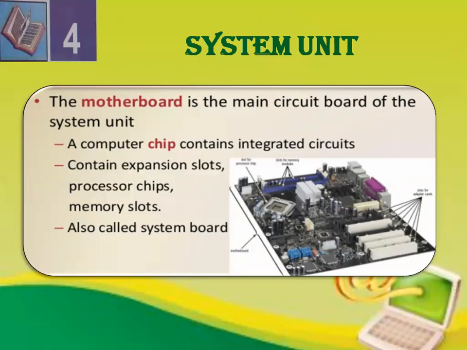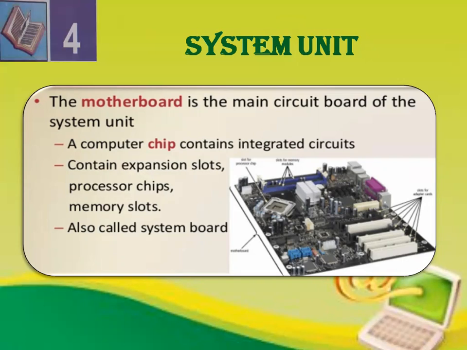System unit. The motherboard is the main circuit board of the system unit. A computer chip contains integrated circuits, expansion slots, processor chips, and memory slots. It is also called the system board. So the system unit basically consists of a main board that is called the motherboard.